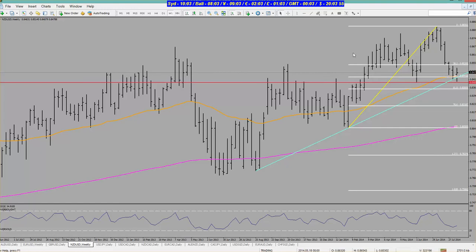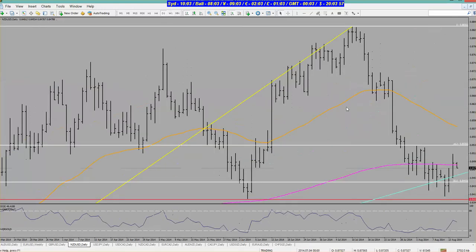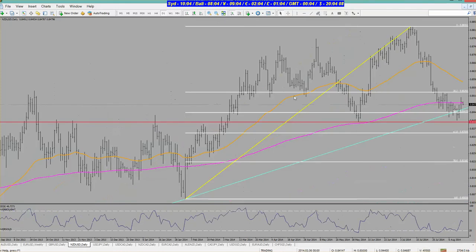If you're looking at it on the daily, we're under the EMAs. Quite literally, the 200 is relatively flat, and if you squeeze it in and look at it like this, you've got a double bottom here at 84 effectively, and you're probably looking at a target around there somewhere at 87.15.